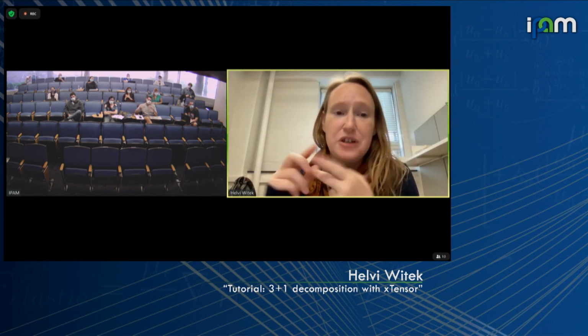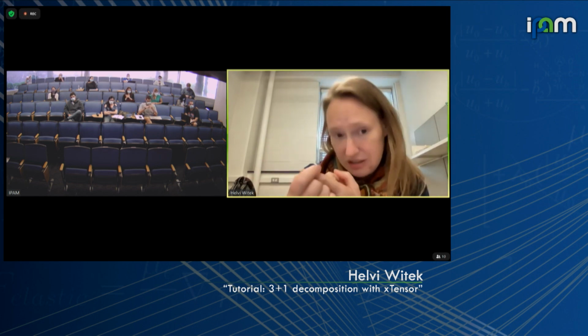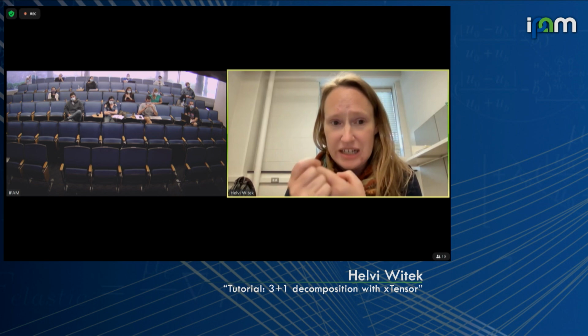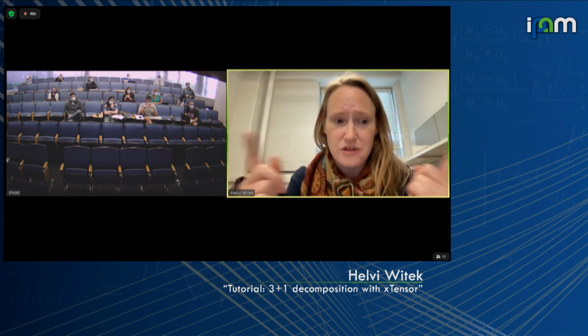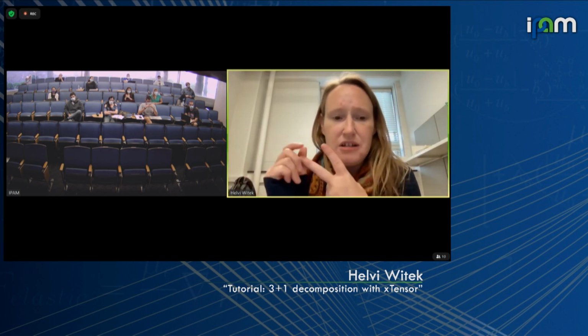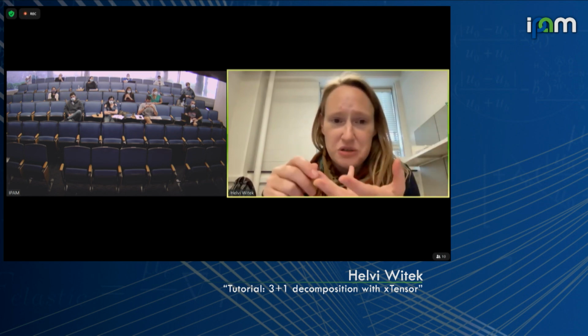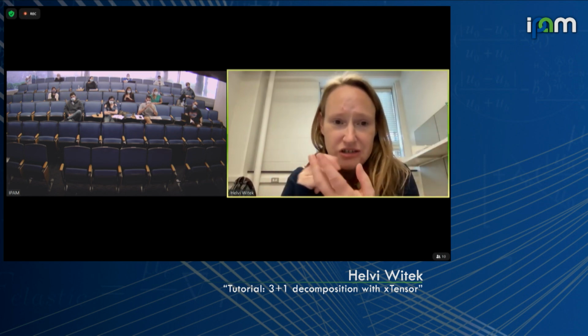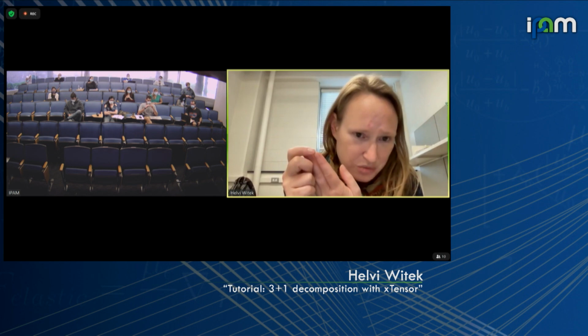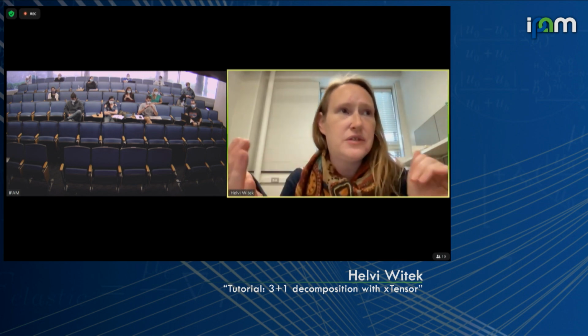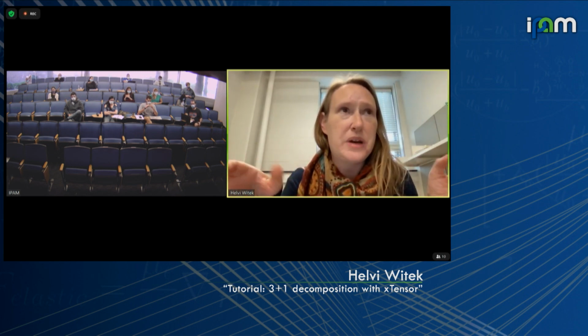First you would define another induced metric, because you would have another metric that's conformal to your induced metric. You define your conformal factor. If you want to split your extrinsic curvature into trace and trace-free parts, you would define that as well. Once you have those, I define replacement rules for my tensors so that I can perform the conformal decomposition step by step.